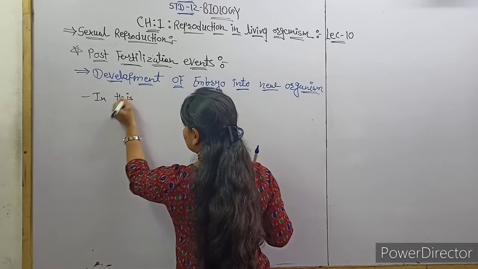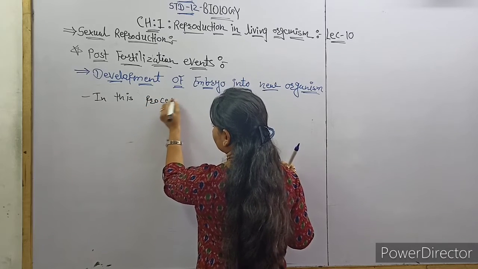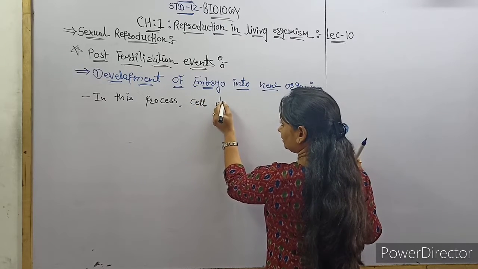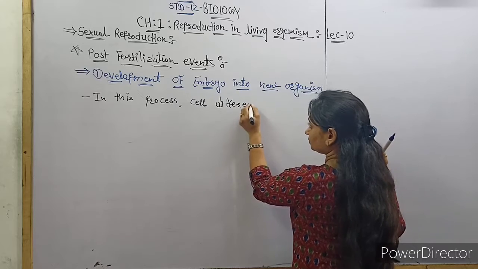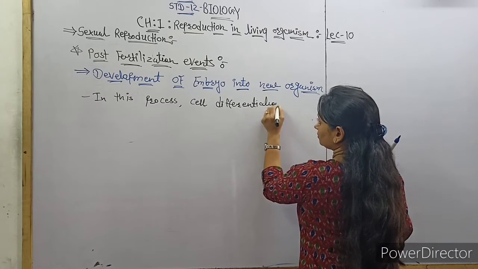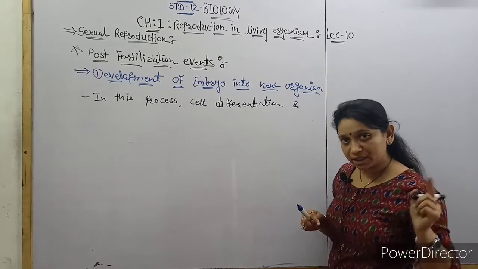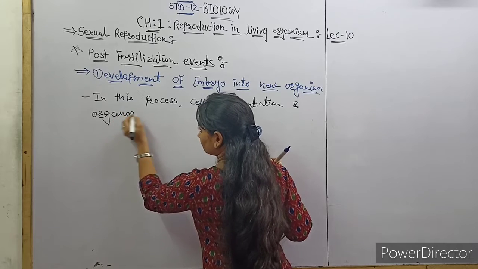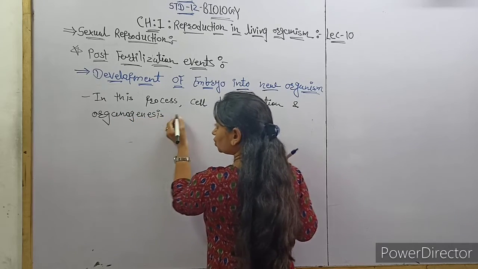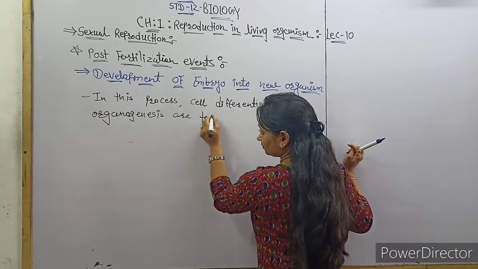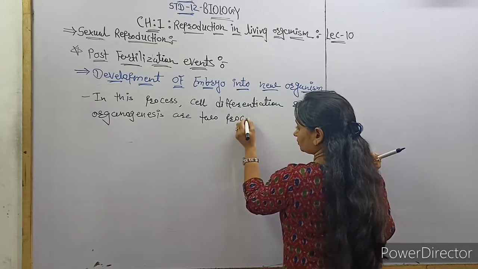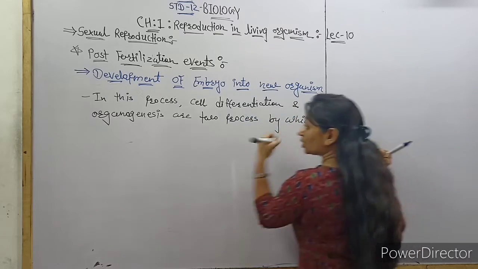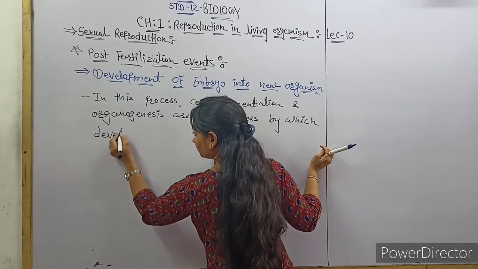So over here we can say, cell differentiation and organogenesis are two processes by which development occurs.